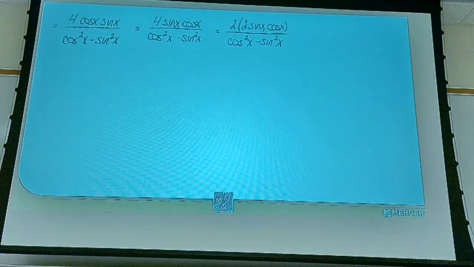But 2 sine x cosine x is just sine of 2x. And cosine squared of x minus sine squared of x is just cosine of 2x.